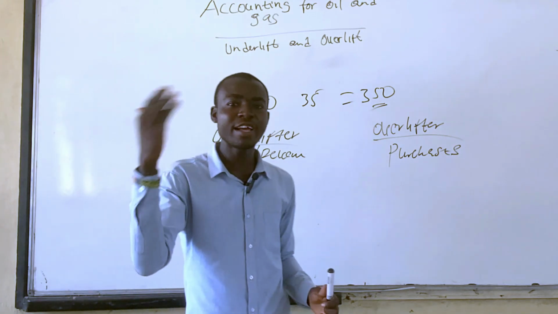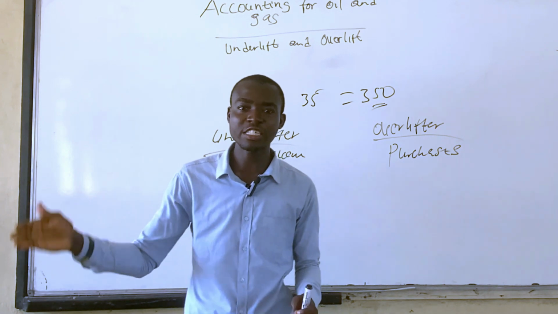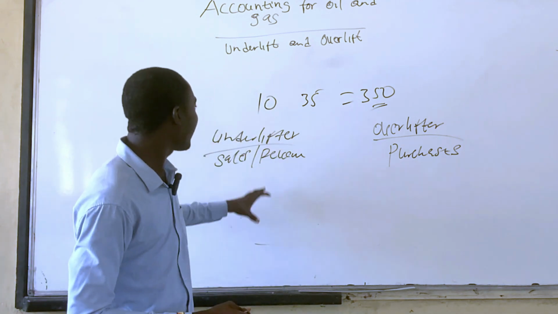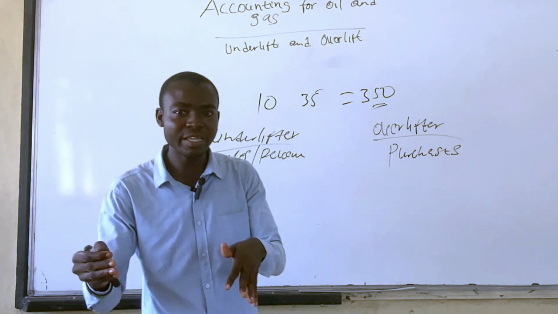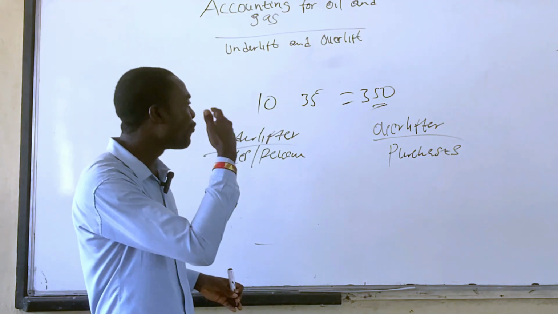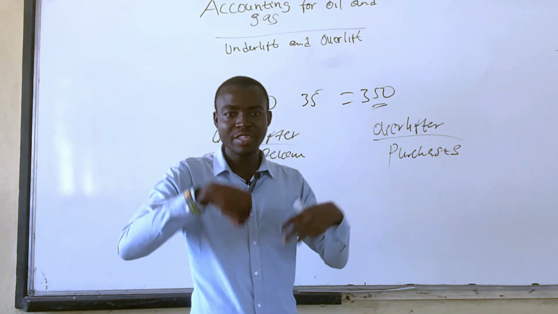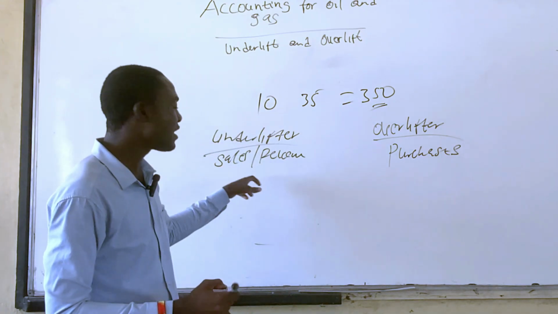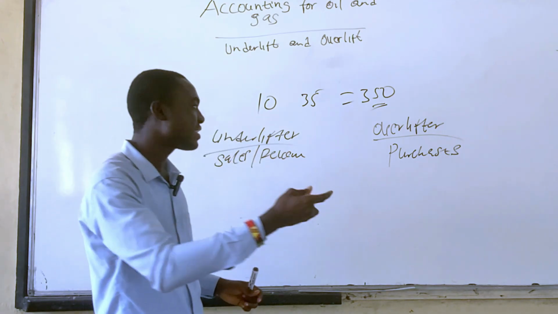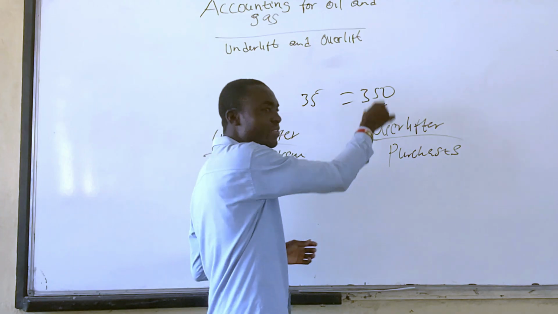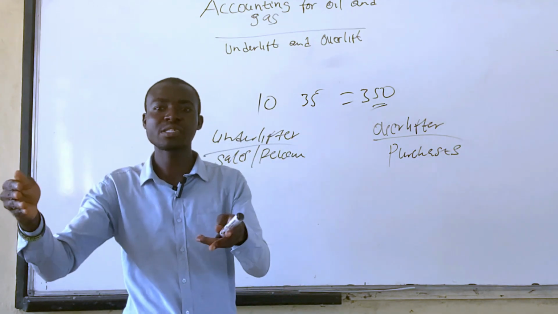But when we go to the balance sheet, that's the statement of financial position, since the overlifter has taken more than what he's supposed to take, it means the overlifter will be owing the underlifter. So in the balance sheet, the underlifter will recognize this 350 cedis as receivables.